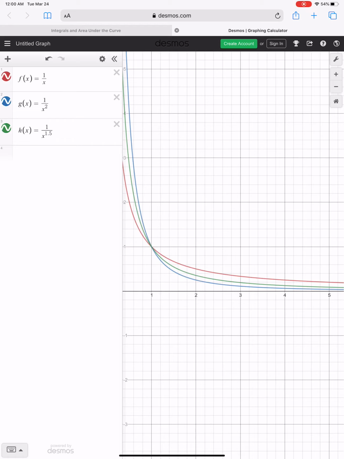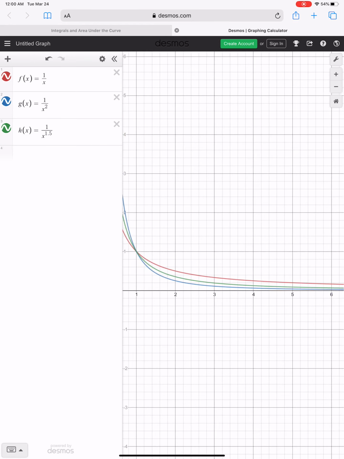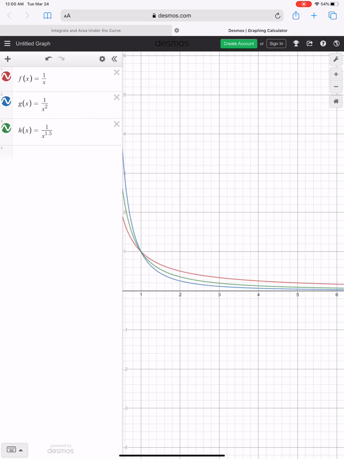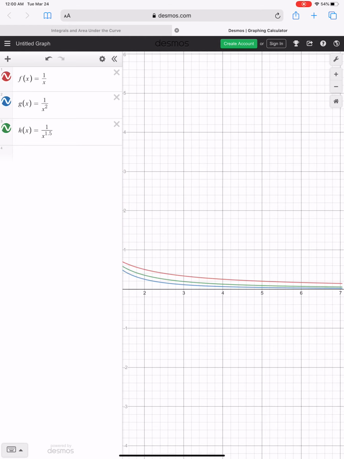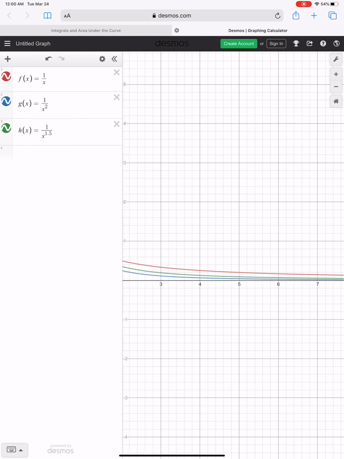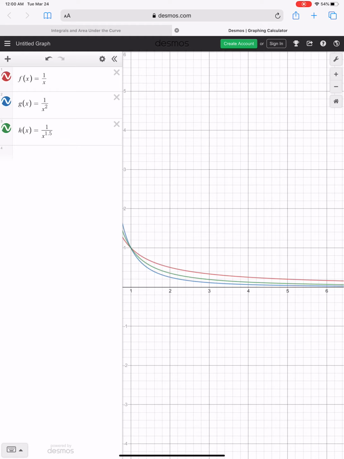If you're just restricting your attention from 1 to infinity, the green is always above the blue, so you can see there's more area there, and in fact the green area was 2. That's kind of interesting, that we can even say how much more that is. It doesn't look like an area of 2 to me, but if you added all of this all the way out, you would have exactly twice as much under the green curve as the blue curve.